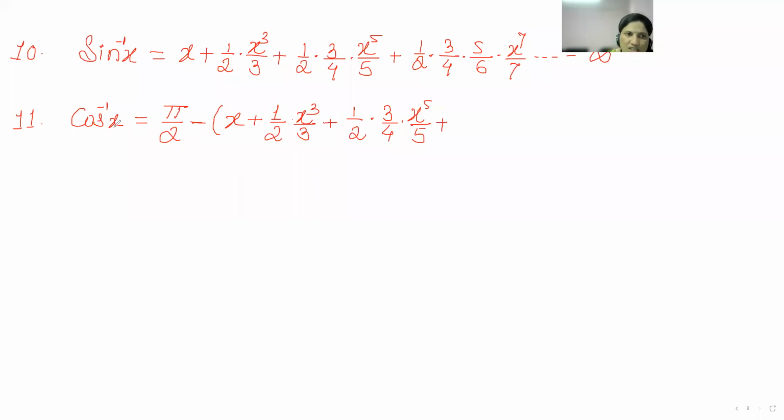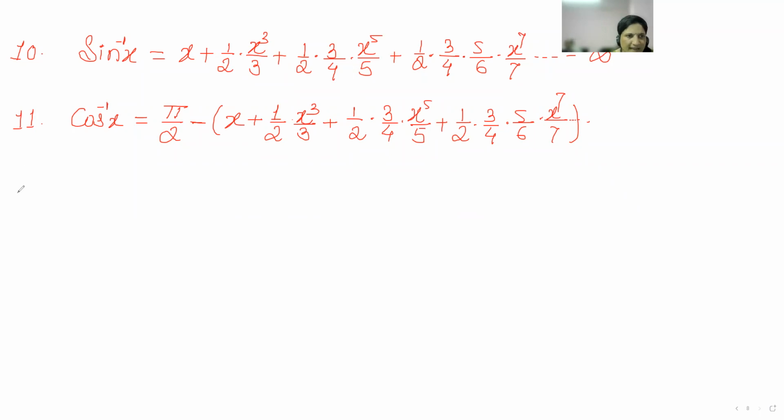Here we are getting that cos inverse of x is equal to pi by 2 minus sine inverse of x, isn't it? Okay.